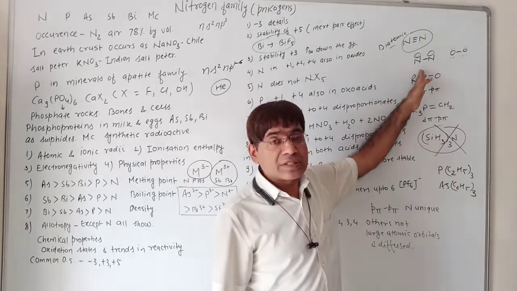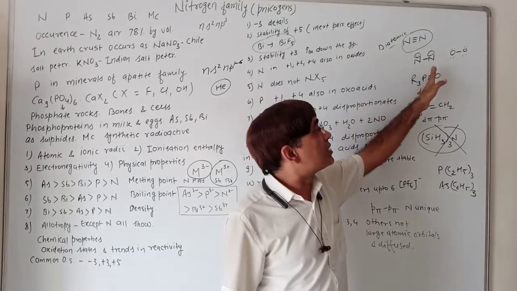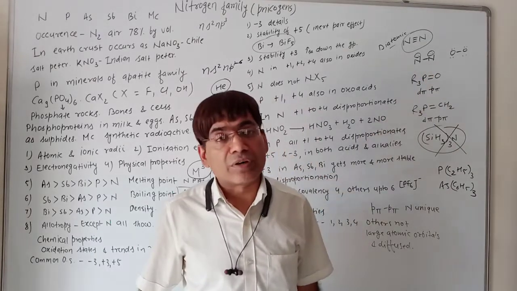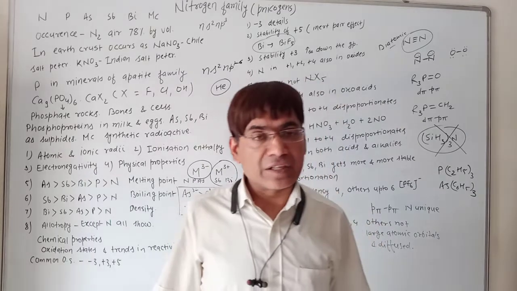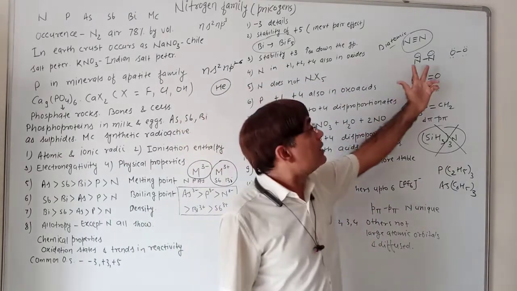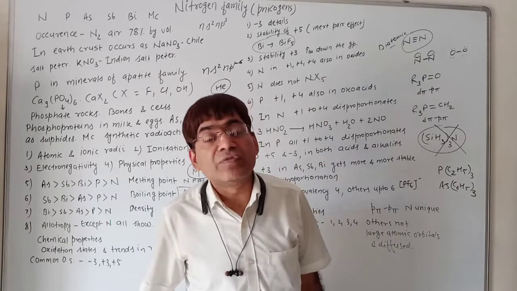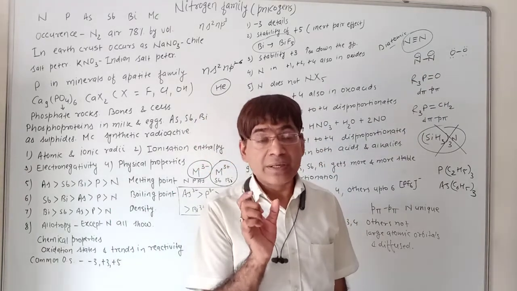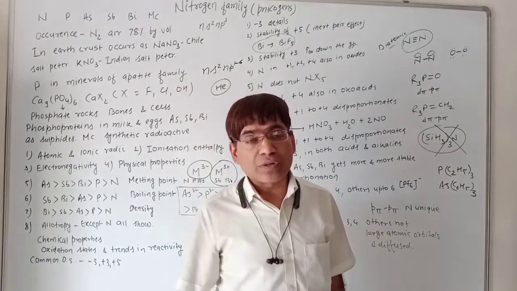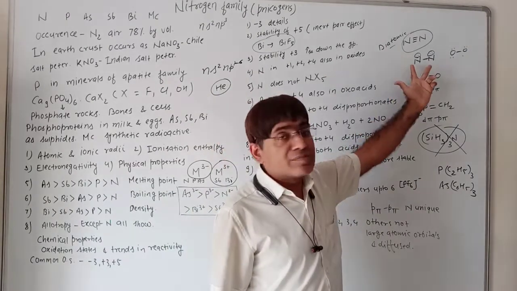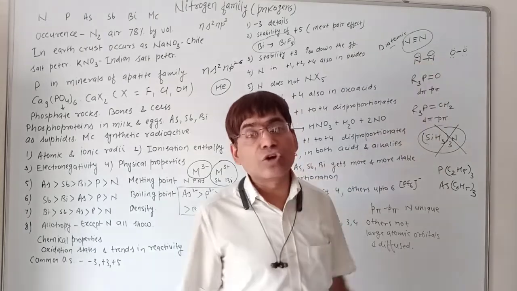So we say nitrogen single bond is weaker than phosphorus single bond, or oxygen-oxygen single bond is weaker than sulfur-sulfur single bond. The reason for that we have seen already. The single bond between nitrogen and nitrogen, or between oxygen and oxygen, is smaller. Because of its smallness, the two atoms are quite close, and both atoms are lone pair containing.